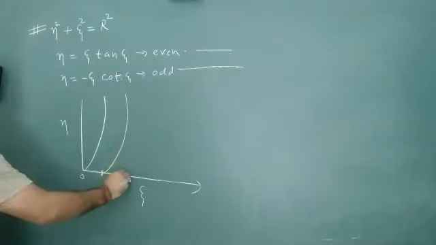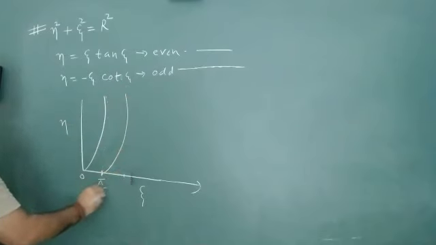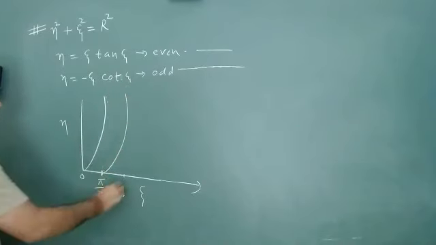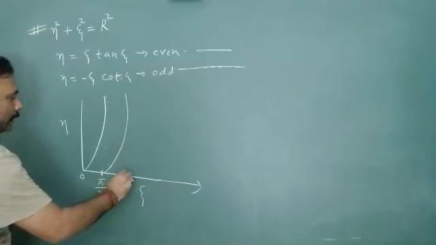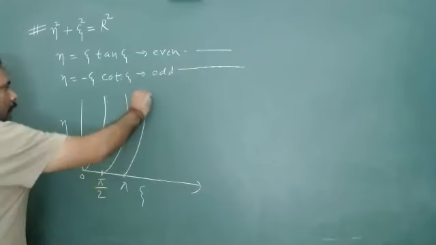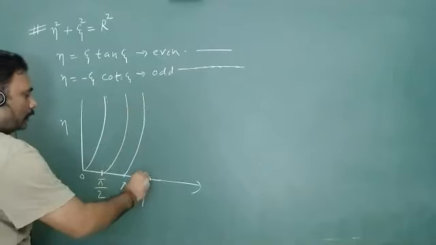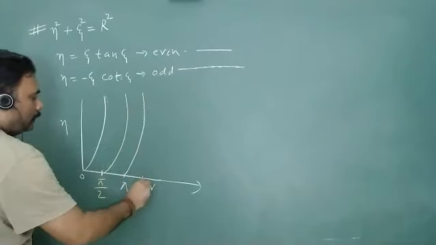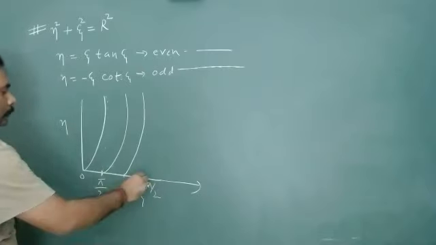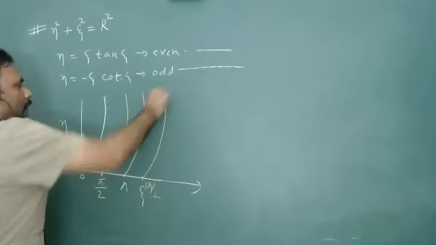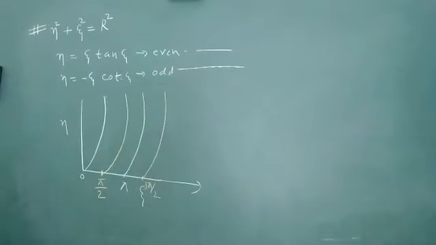As this is going to infinity at pi, this odd branch will be between pi by 2 and pi. So you have again an even case, and again an odd case. That will be 3 pi by 2, isn't it? And so on. You can have different values.